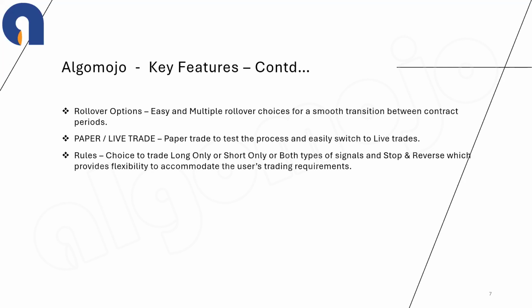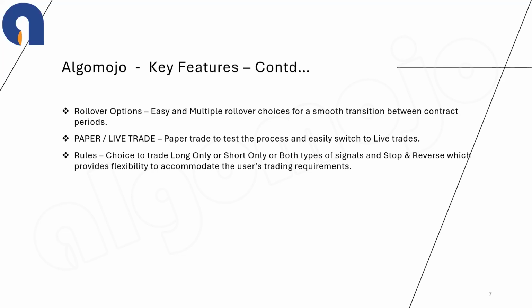People who like to take only short positions, there is a rule called short only. If you want to trade both long and short, then there's a rule for long and short. And if your strategy is always in trade, either long or short, then we suggest the stop and reverse kind of rules. So based on your strategy that you run, you need to choose the appropriate rule.